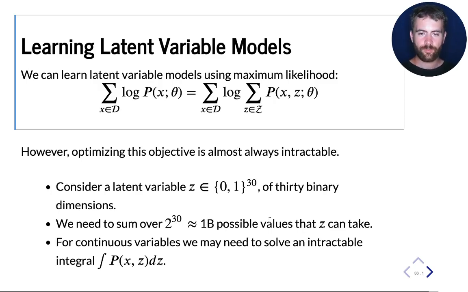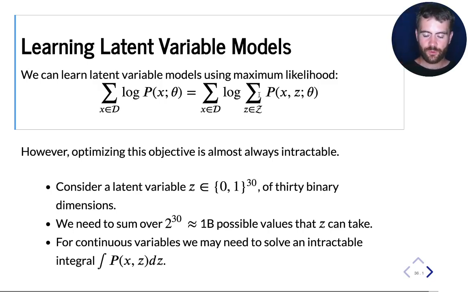So at each step of gradient descent, for example, we would have to recompute the sum, which would be very expensive. Also, these variables z can be continuous, and we may have to deal with an intractable integral of this form.